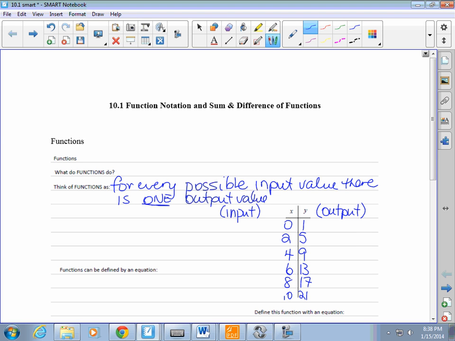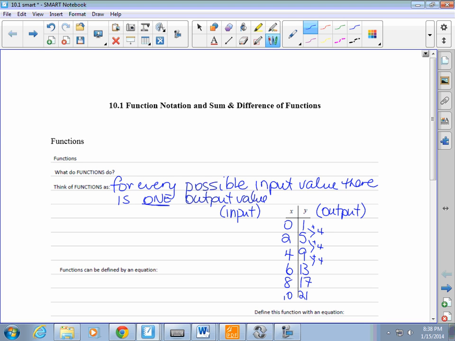So if I look at my input and my output values, every single time here, to go from 1 to 5, I went up 4. 5 to 9, 4. 9 to 13, these were all add 4.